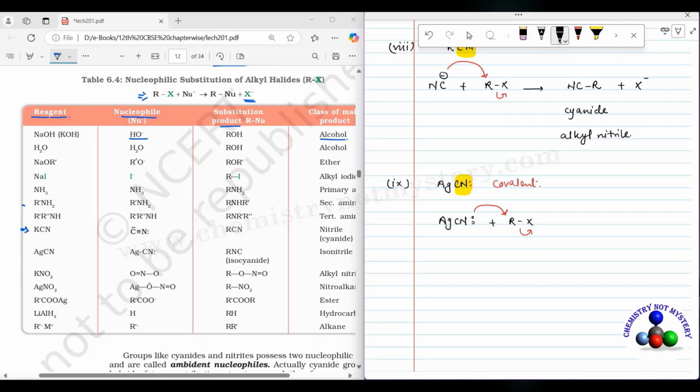So as a result of it you will get CN bonded to the alkyl group, and the halogen is removed in the form of halide ion. So this time, as nitrogen has made a bond with the alkyl group, this is called isocyanide, or the other name is isonitrile.